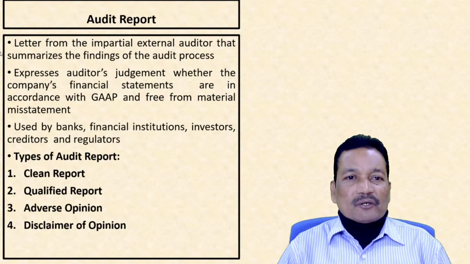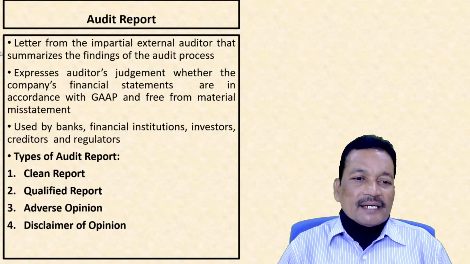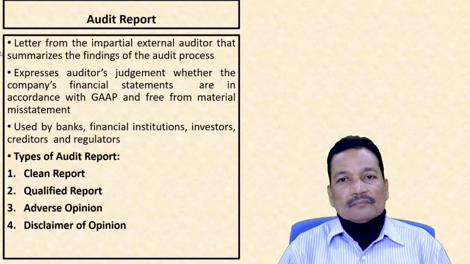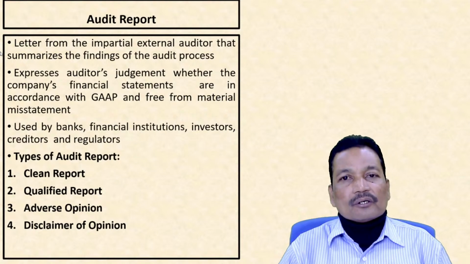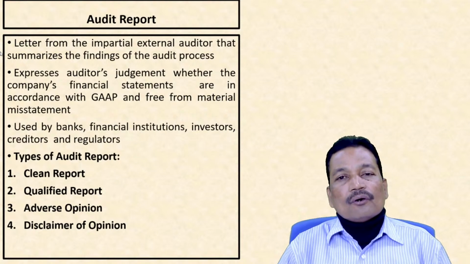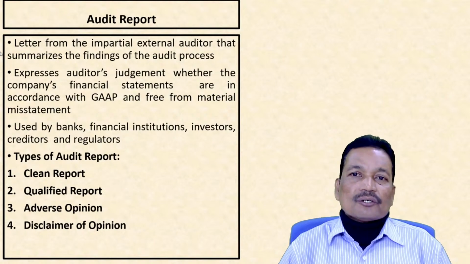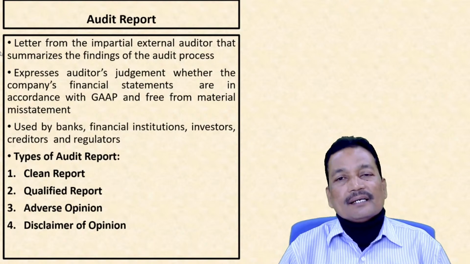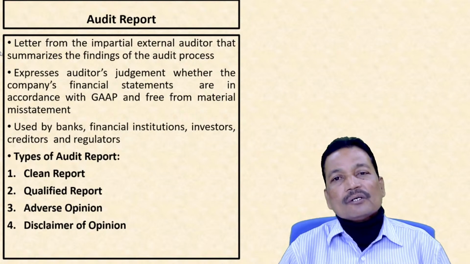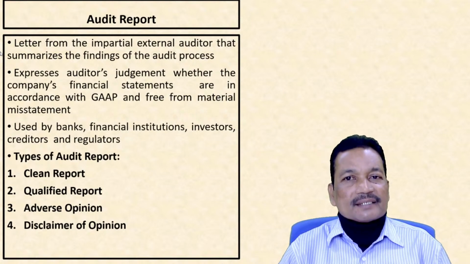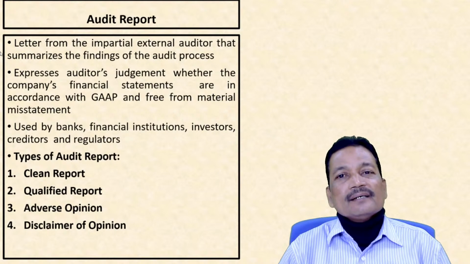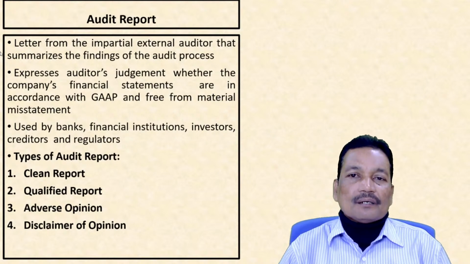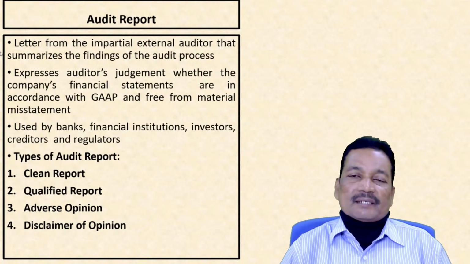The various types of audit report that can come, which is very important. First is clean report. When we are talking about a clean report, we are talking of all kind of information used in assessment and preparation of the audit report is unbiased and the information provided is not tampered with or there is any kind of misstatement.